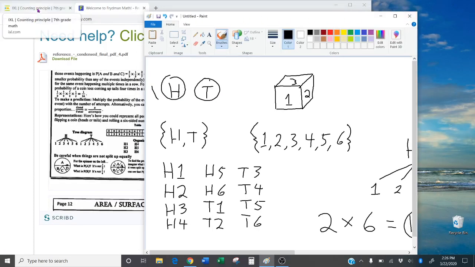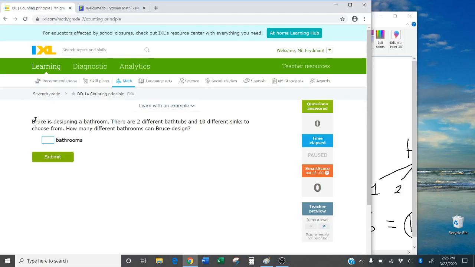Okay, so getting back to IXL over here, Bruce is designing a bathroom. There are 2 different bathtubs and 10 different sinks to choose from. How many different bathrooms can Bruce design?